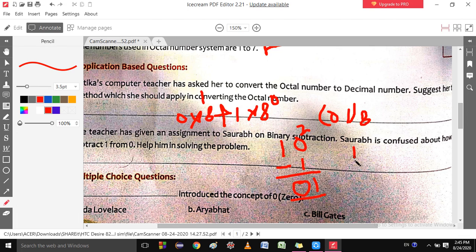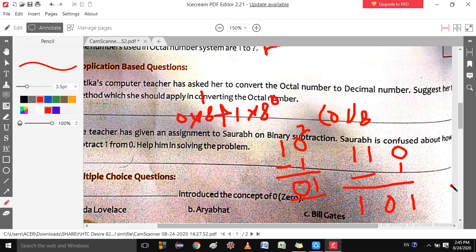Again, if you know this, 1 1 0 minus 1, how do you subtract this? This borrowed 1, so what will be here? 1 0 means 2, 2 minus 1 is 1, here will be 0, here will be 1.